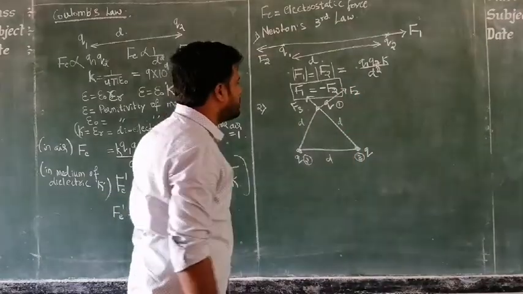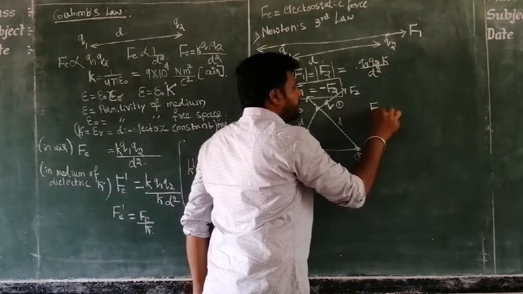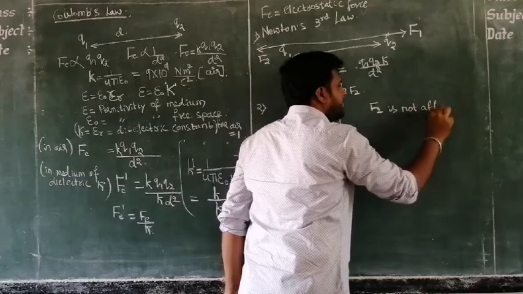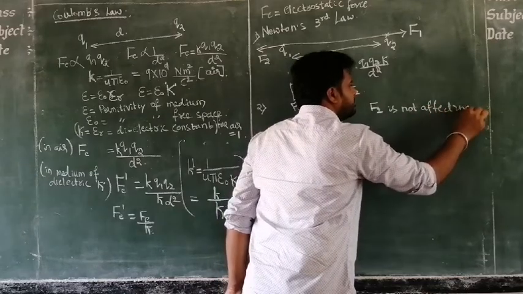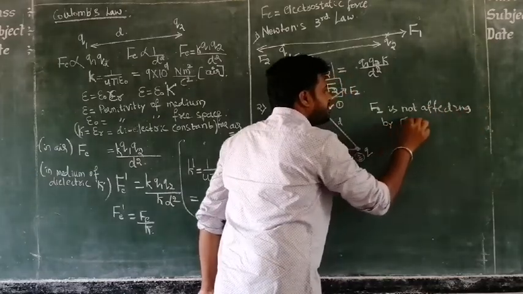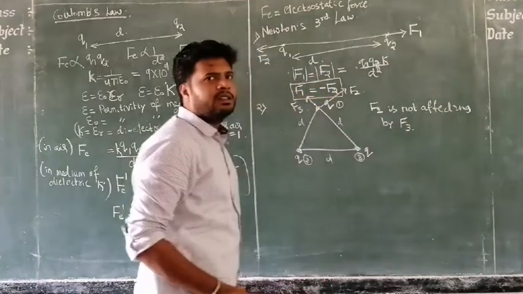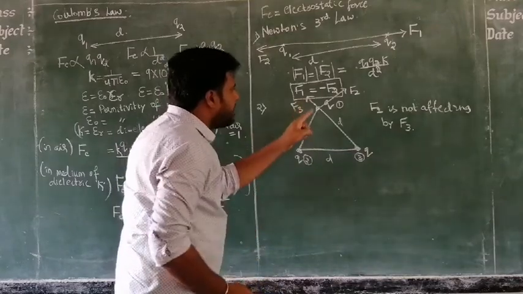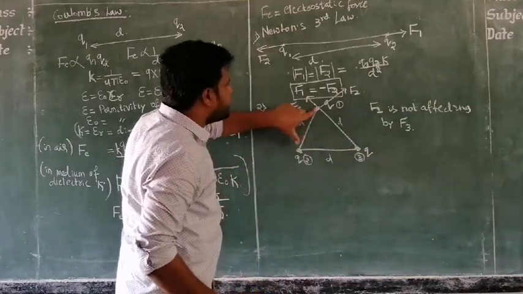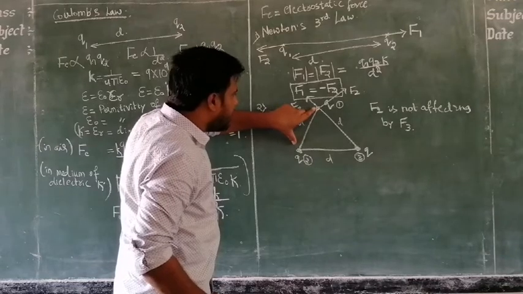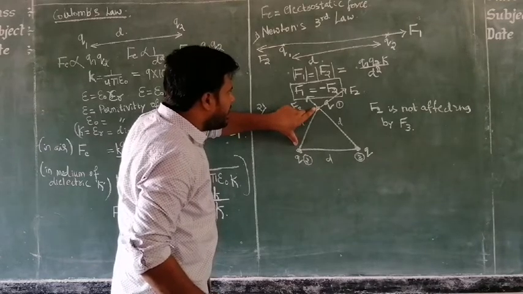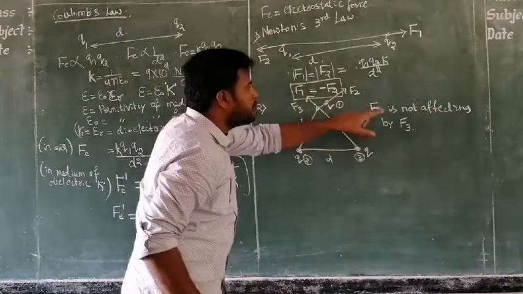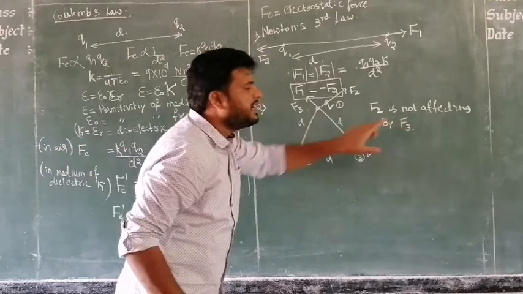Now, F2 is not affected by F3. What is the meaning of this? The electrostatic force between any two charges Q1 and Q2 is not affected by the third charge. It means F2 is not affected by F3.